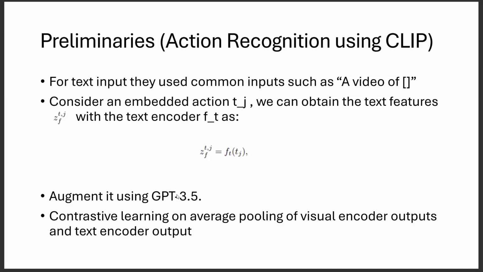They ask GPT to make a video description of this scene. Then GPT 3.5 makes a description of that particular scene, and they put that text into the text encoder and get the text embedding.